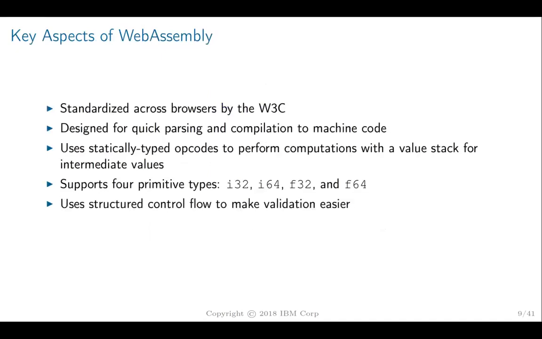Strangely enough, it uses structured control flow, so you'll see if-else in there. This actually makes validation a little bit easier on the compiler. And it also allows arbitrary loads and stores from a linear memory, so it's able to deal with languages like C and C++ that expose a lot of pointers.